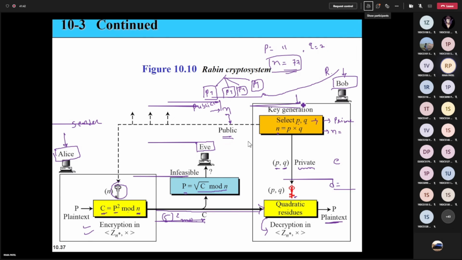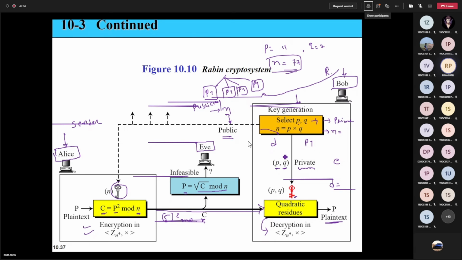Now Bob has to do some extra task in order to get the original plain text. So one disadvantage of the Rabin crypto system is the extra complexity; you have to do some extra work to get the plain text. In the previous case, there was a single key, D in RSA, and we just put in the values and got the plain text again.